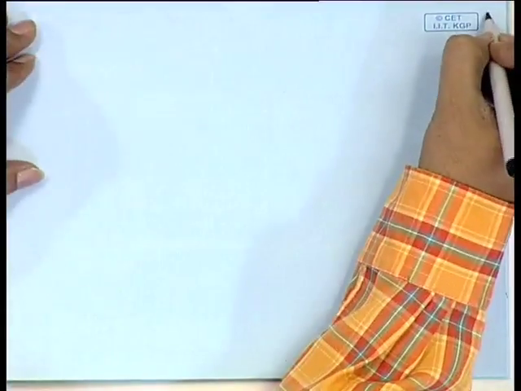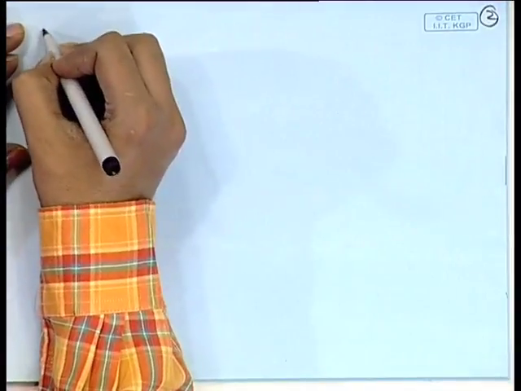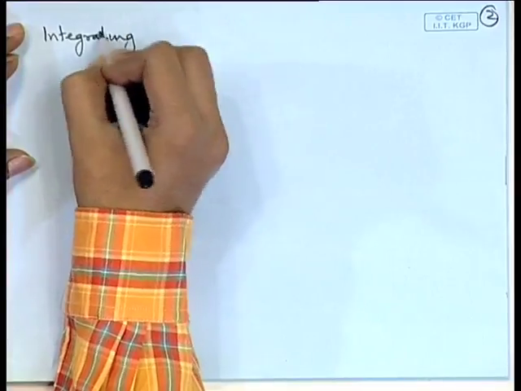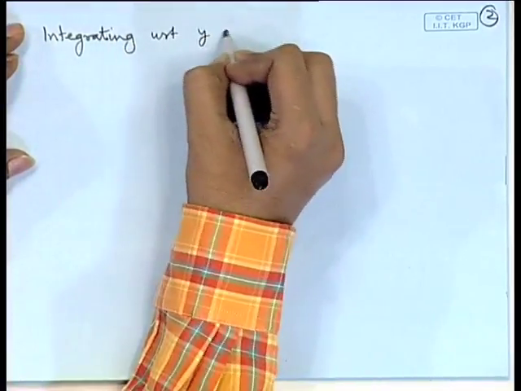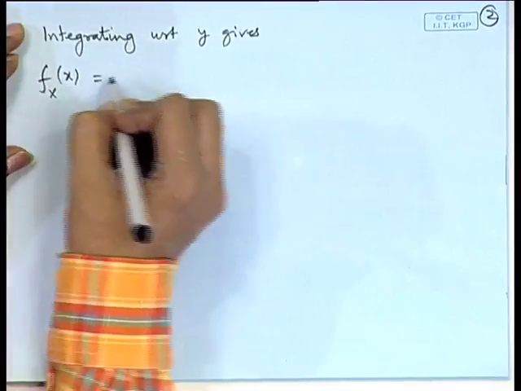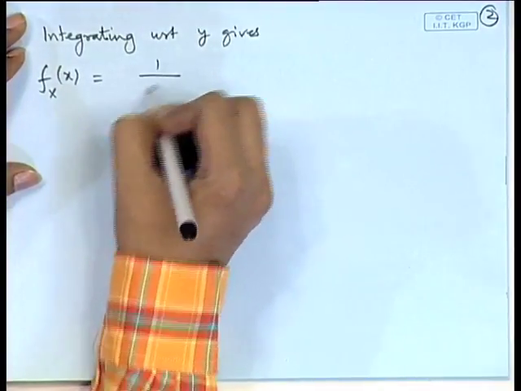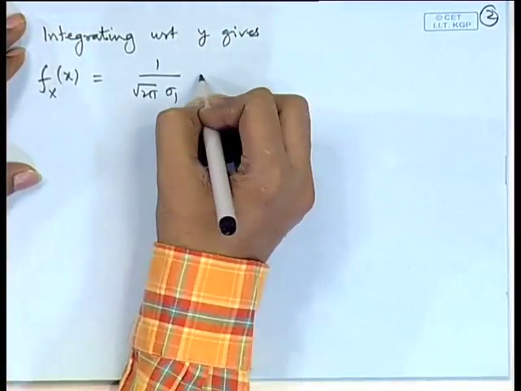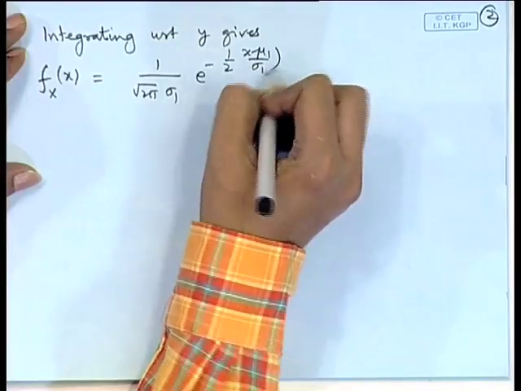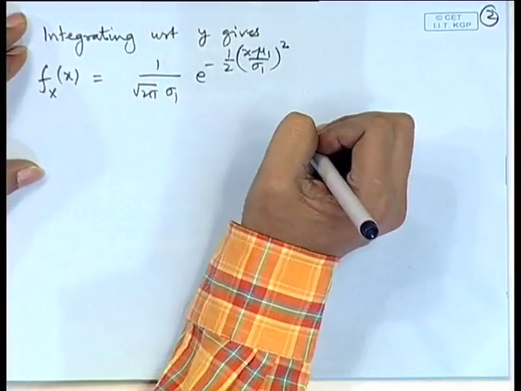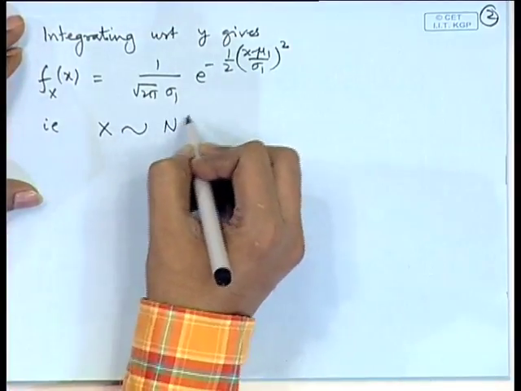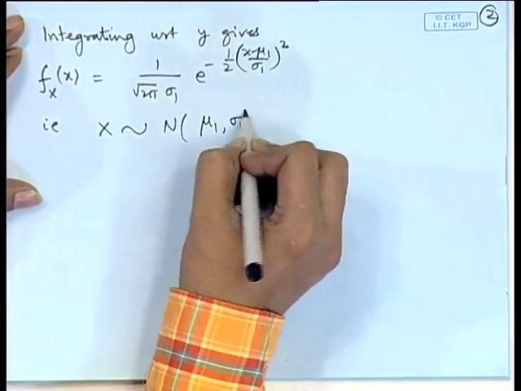So, integration with respect to y gives f X(x) equal to 1 by root 2 pi sigma 1, e to the power minus 1 by 2 ((x minus mu 1) by sigma 1) square. That is, the marginal distribution of x is normal(mu 1, sigma 1 square).